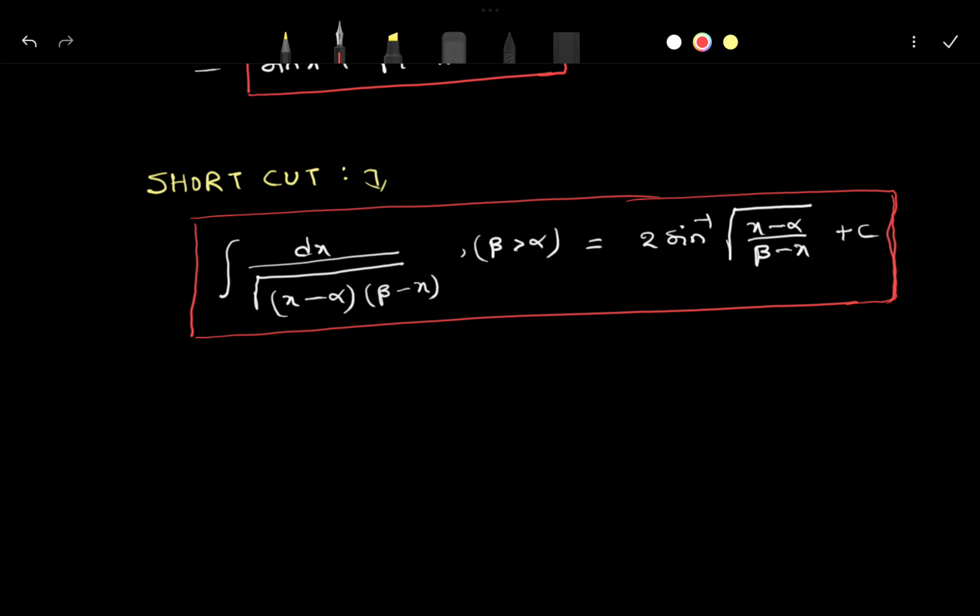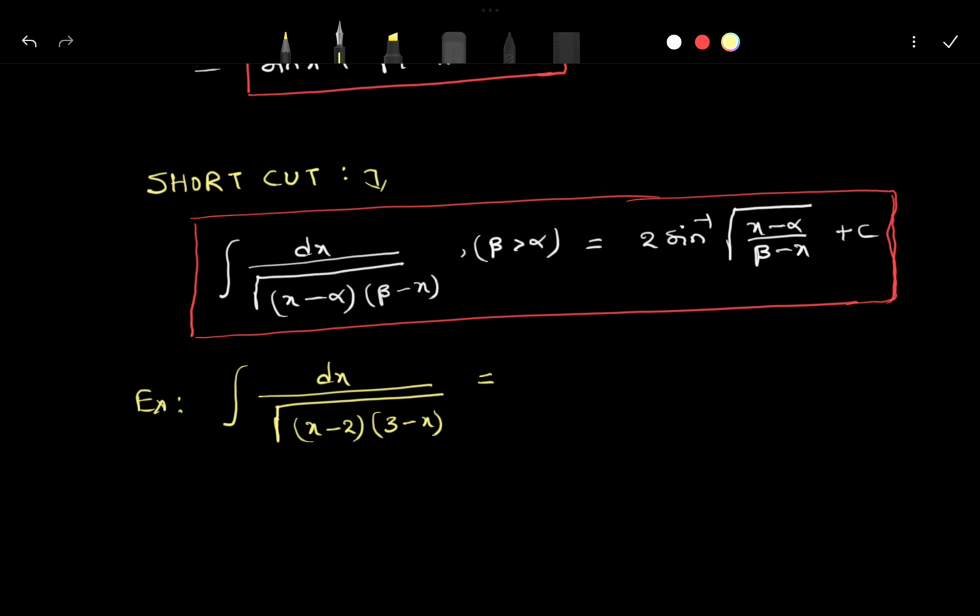See how we can use this from the KCET point of view or mains point of view. Example, you see here, we can write integration of dx whole divided by square root of x minus 2 into 3 minus x, dx.